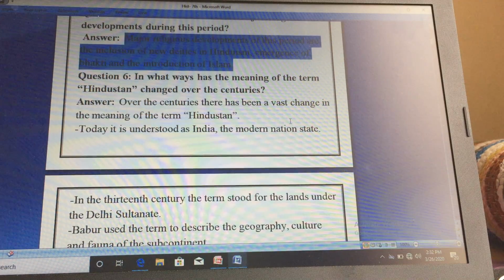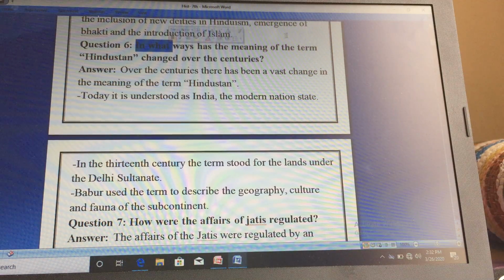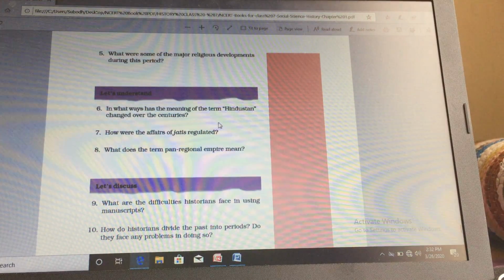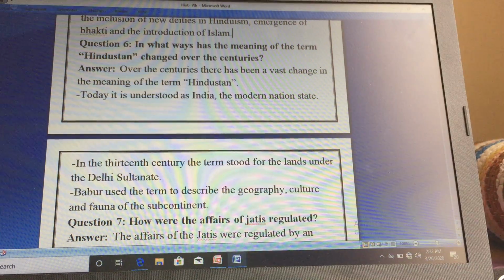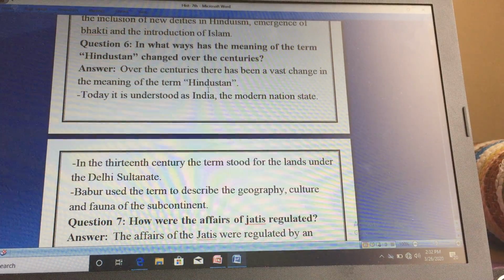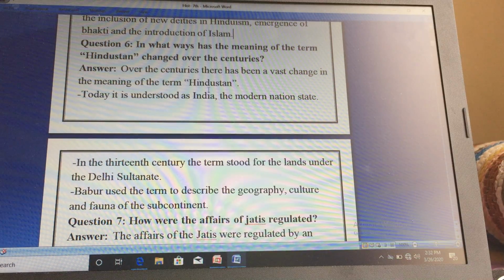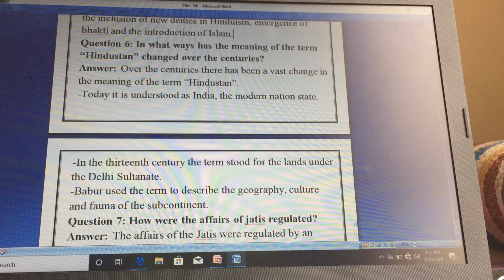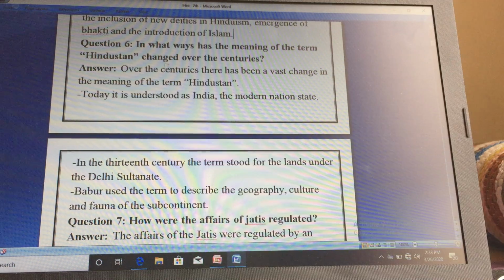Now let's move on to the next question. In what ways did the meaning of the term Hindustan change over centuries? This also we discussed under the heading new and old terminology. We discussed Minhaj Siraj, Babur, and Amir Khusro. So the answer would be, over the centuries there has been a vast change in the meaning of the term Hindustan.